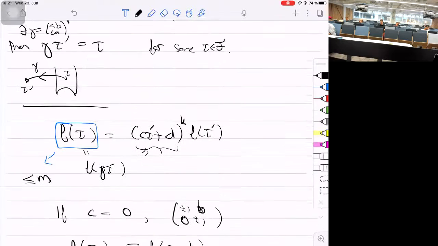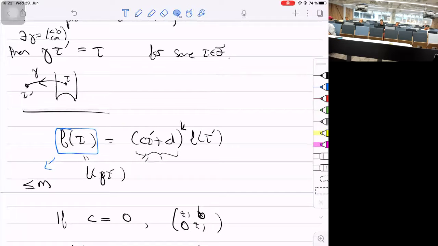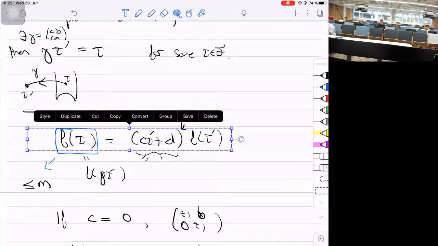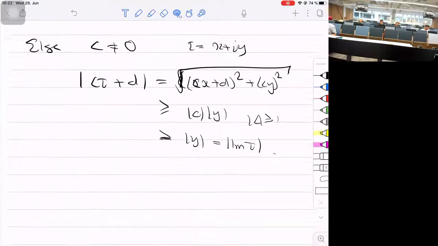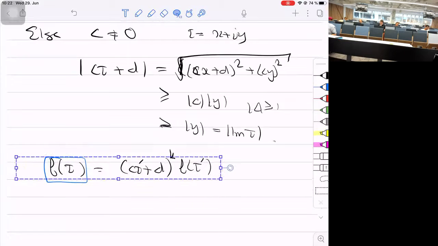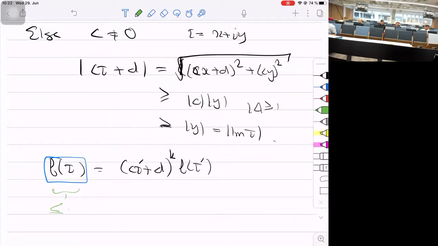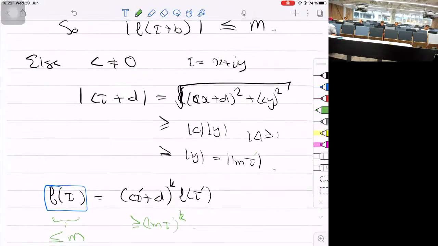If I look back at what I wrote up here, I now have this is less than or equal to n. This is greater or equal to the imaginary part of tau prime. I guess I've changed from tau to tau prime.